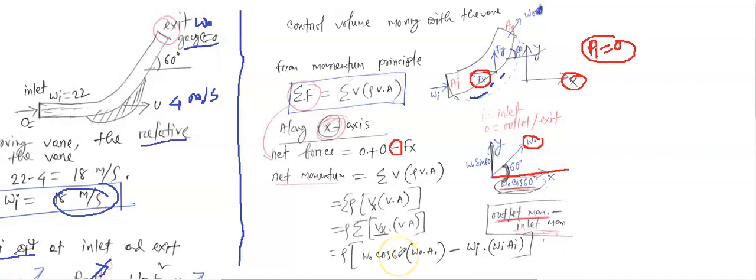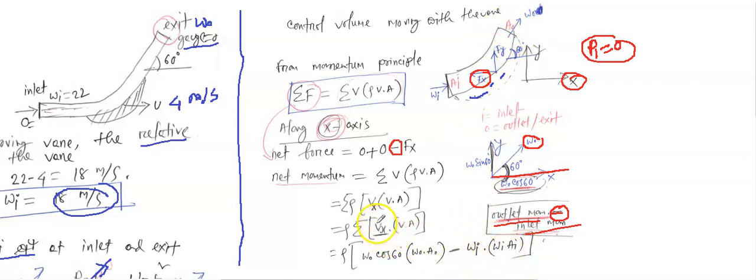You need to calculate the rate of change of the momentum. Write the outlet momentum first, and then subtract the inlet momentum. So this is our outlet.